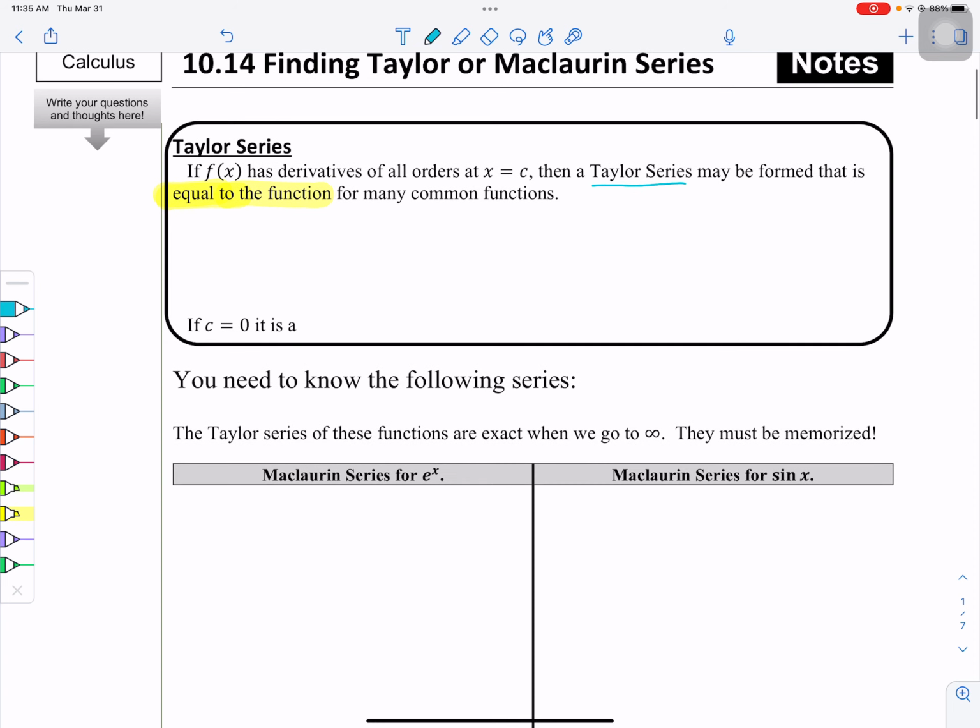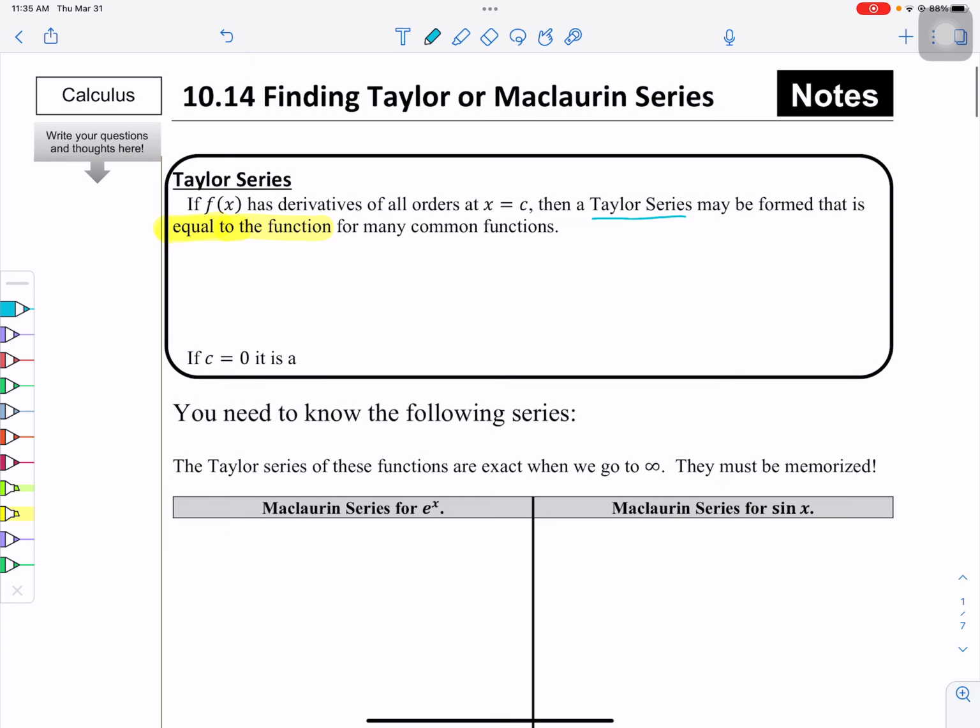Let's go ahead and revisit this. So we have our Taylor series: f of x is equal to, and I'll write the sigma notation first, n equals 0 to infinity of the nth derivative evaluated at c divided by n factorial, multiplied by x minus c to the nth power.